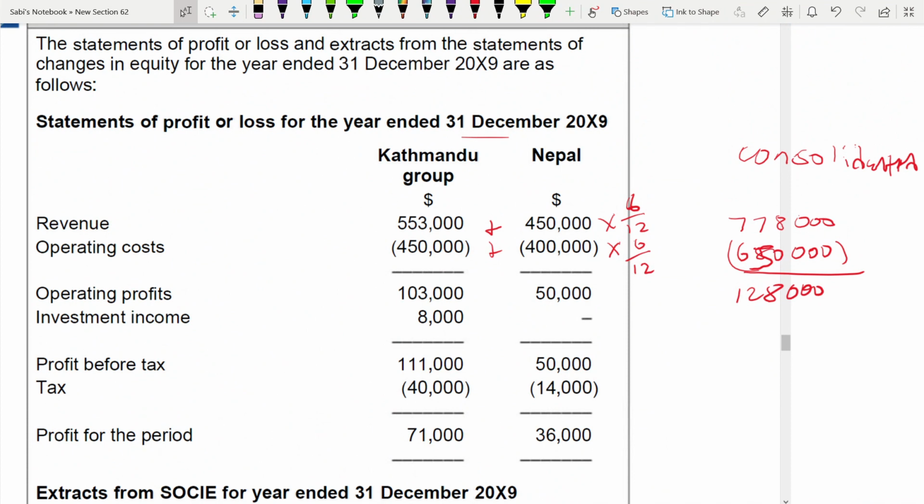Then you have to add a profit on disposal. When you're disposing this subsidiary, there'll be a profit on disposal that you have to write. Working one is there. Tax, just take 6 months of this. It will be 47,000.